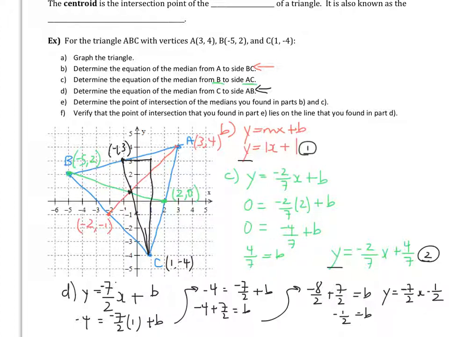So there's a third equation. So I really could pick any pair, equation 1, 2, or equation 3 that I just found, and solve the system. In any case, it should end up with the same point.